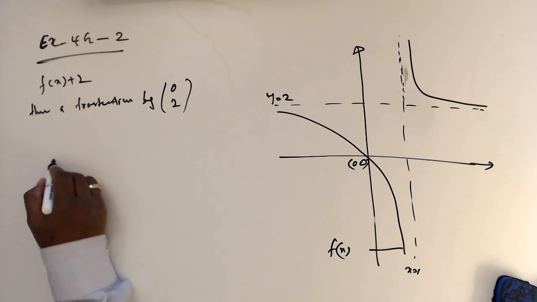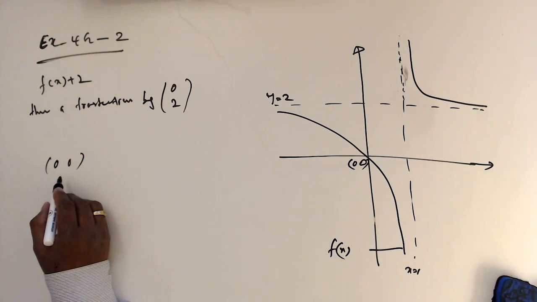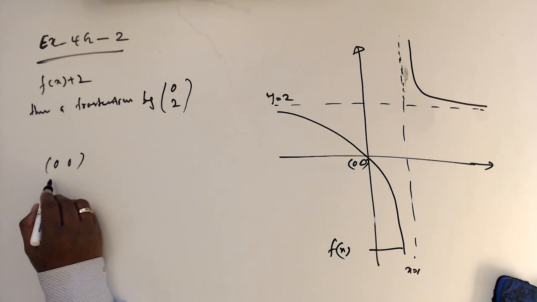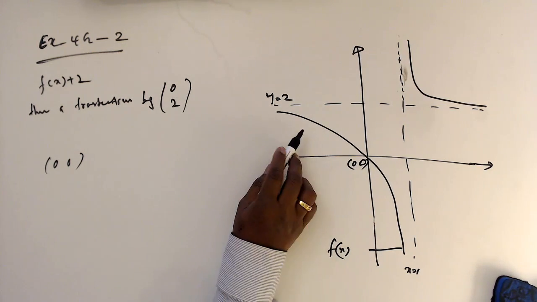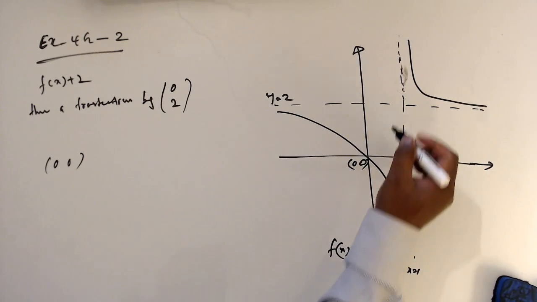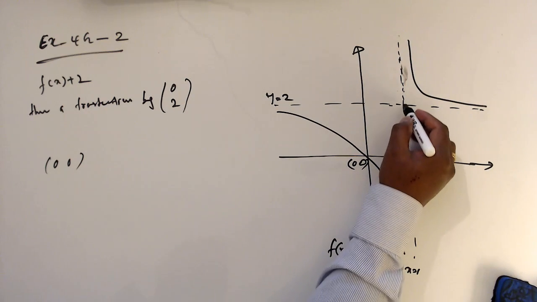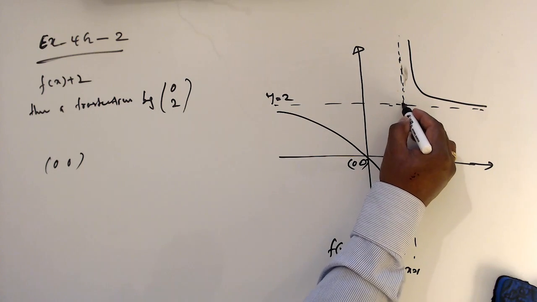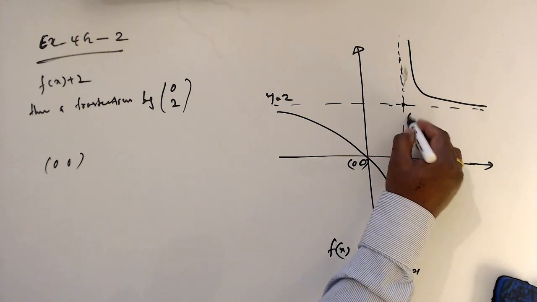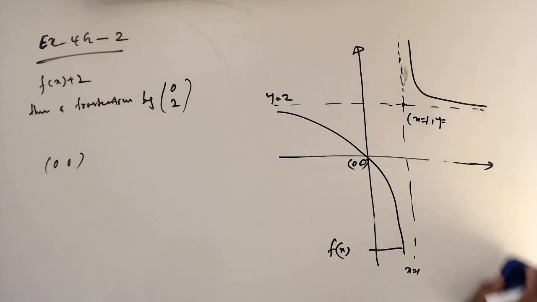So I'll take two coordinates, 0, 0. Another one is, usually in this kind of graph we take this point, x equal 1 and y equal 2.